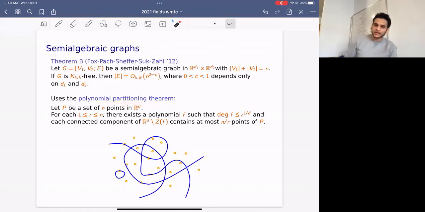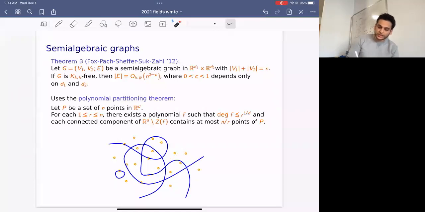Very informally, if you're given a set of points, I can find a polynomial of small degree that partitions my point set into r roughly equal parts. So r is my parameter, and there's a polynomial of degree at most r to the 1 over d that does what you want.